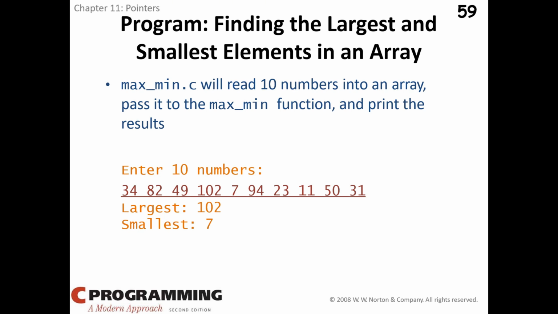Finally, the program prints the result by dereferencing the pointers max and min to get the values stored in big and small. This allows it to display the largest and smallest elements found in the array. For example, if the user inputs the numbers in red here in the slide, the program will output the largest as 102 and the smallest as 7.